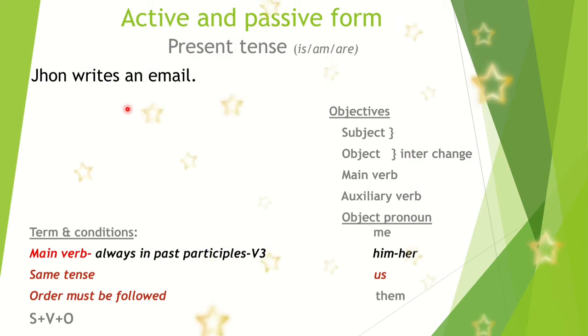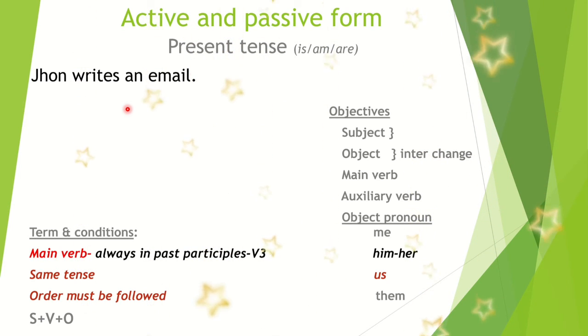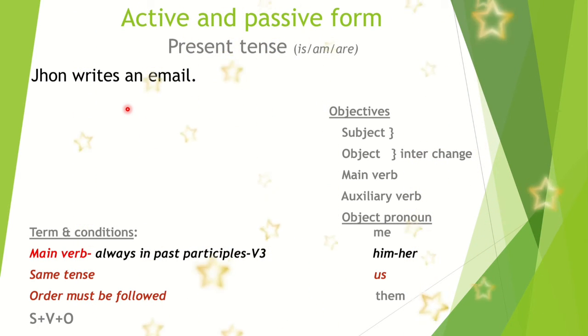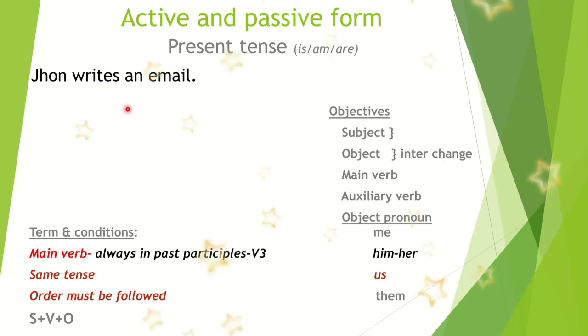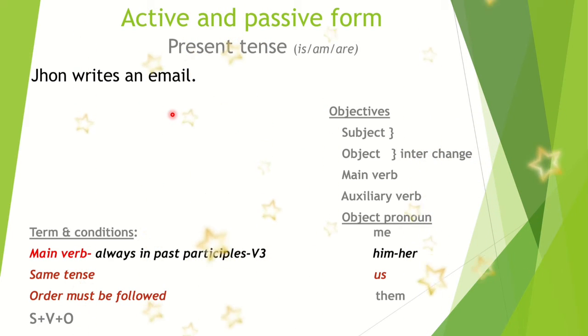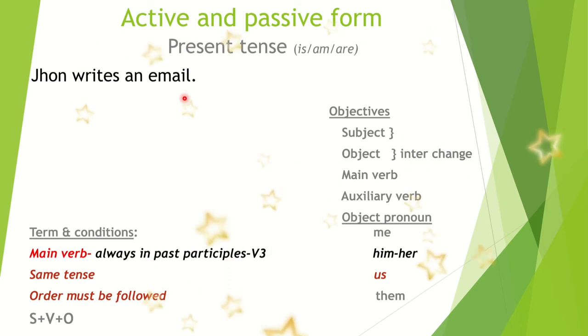The doer of the action is still our subject, but in the passive voice it takes the place of the object. One more important point that you have to remember is that while you make passive voice from active voice, you should not change the tense.